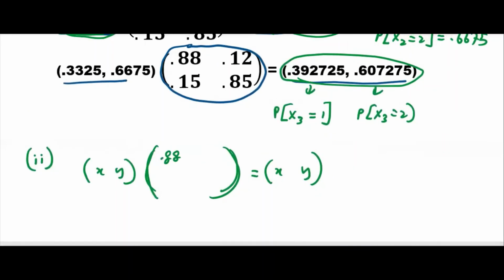You have to solve this equation. And then you can find X and Y. You find X and Y and put here. This will give you the long run probabilities. Okay.